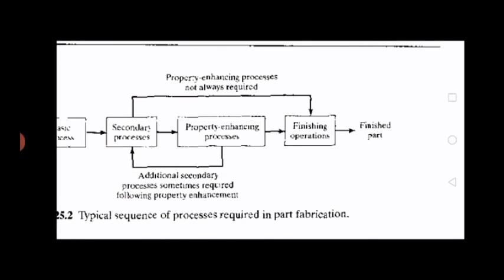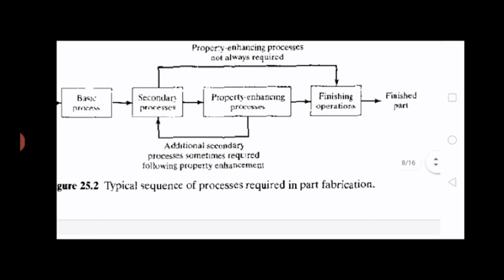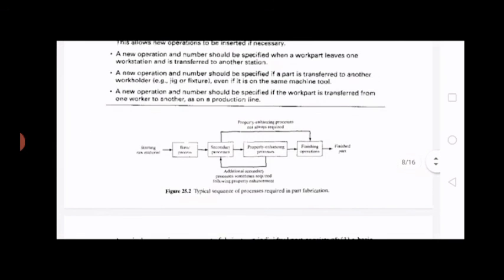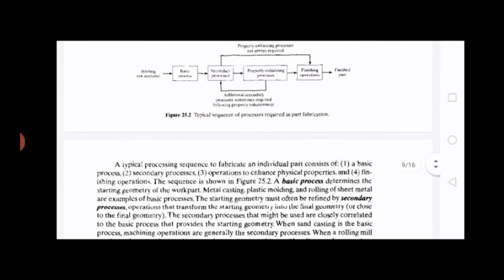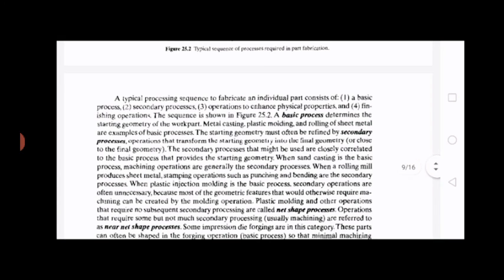Then it is given for the finishing operations, and we get the finished part. Here it is checked against the standards as designed. If not, it is given back to the shop floor, corrected, and then given for the finishing operations.